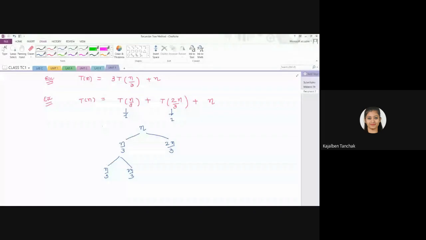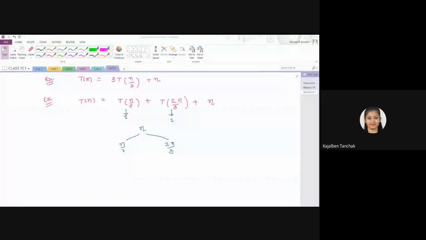Now for the rest of the logic, you have to work out which case you are going to apply here. I'll give you 5 minutes only, so within 5 minutes, quickly solve this example and tell me the answer. I want a response from everyone, so everyone has to solve it, okay?